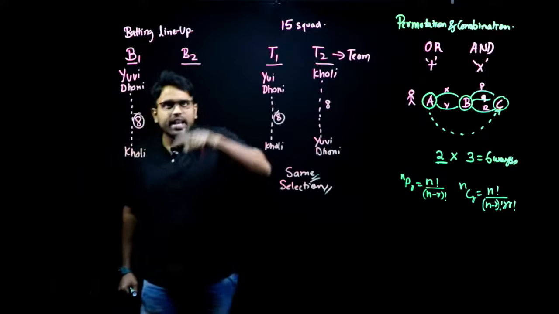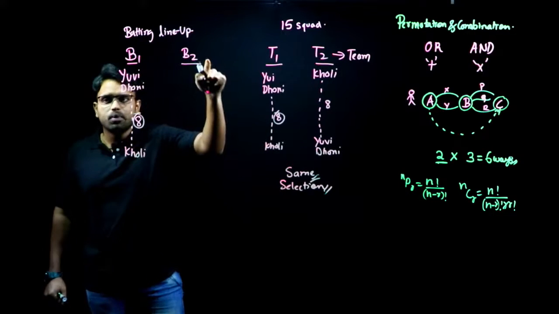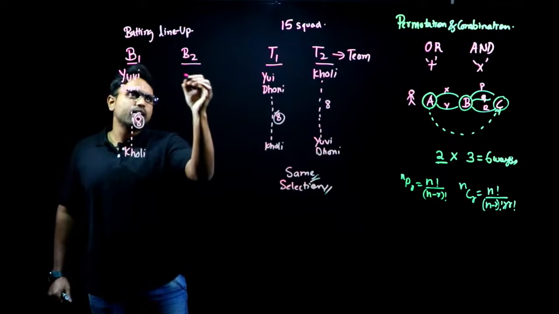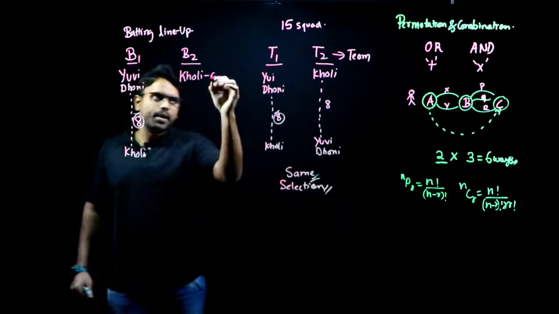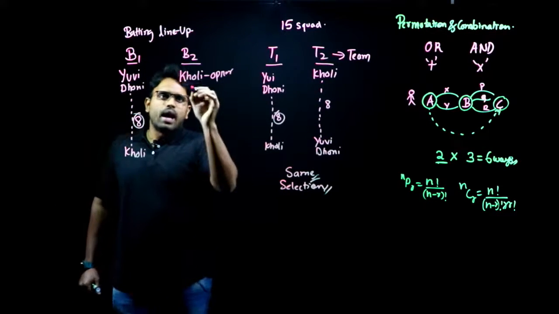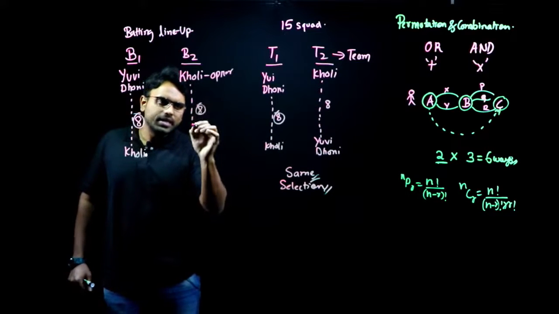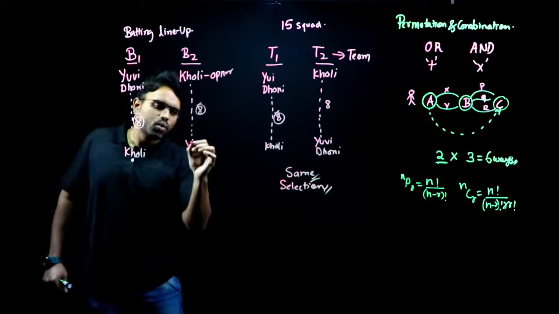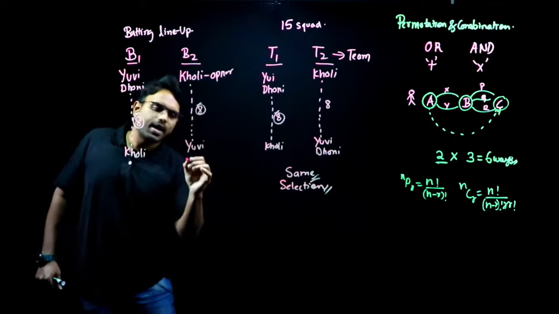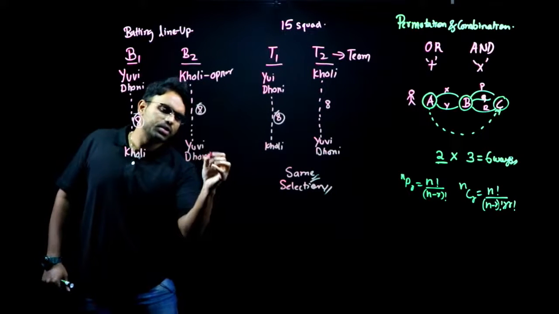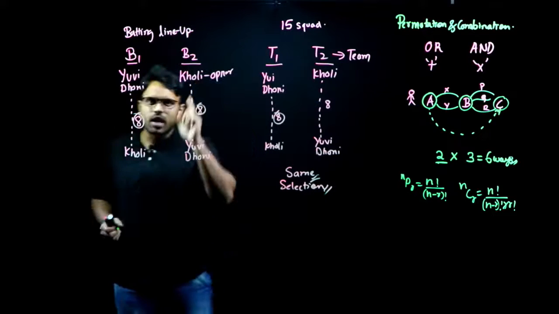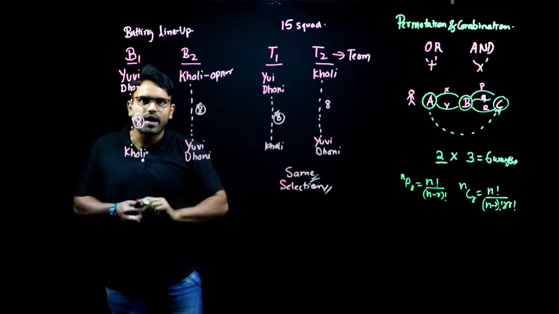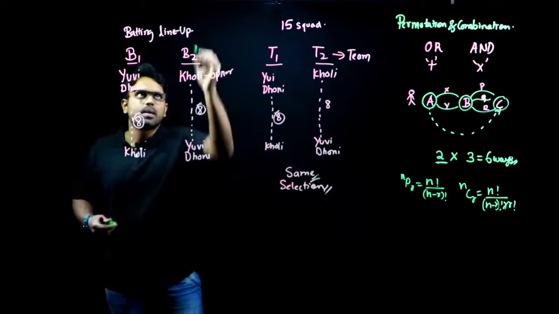For batting lineup 2, I chose Kohli as an opener, 8 other players, and UV and Dhoni as the tail enders. Now guys, I'm talking about batting lineup. What is my value here? My value is the batting lineup.